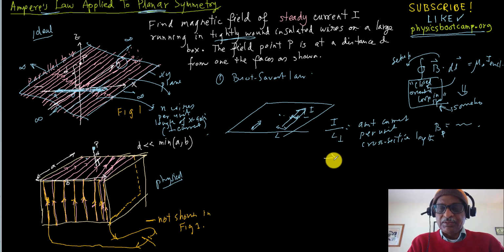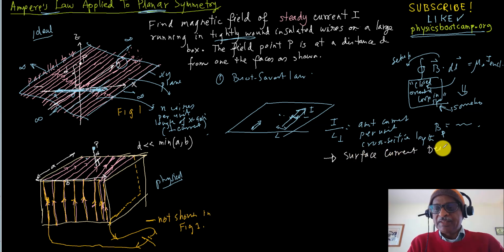This thing is called the surface current density, and usually we use a capital letter K for that.